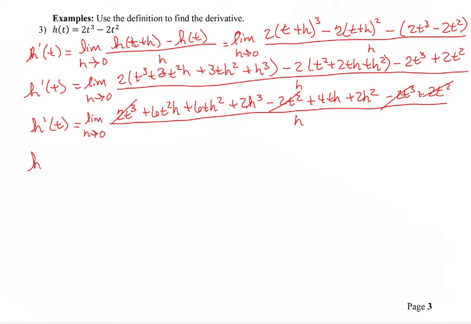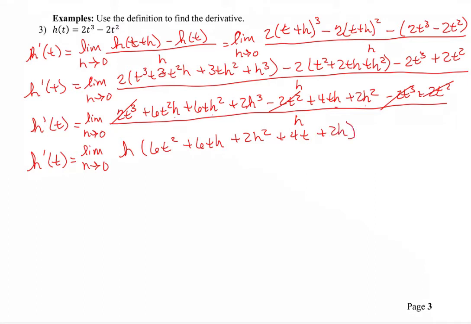So now I'm going to factor out an h as I write the next line. So I have an h everywhere that is left. So I'm left with h times (6t squared plus 6th plus 2h squared plus 4t plus 2h) all over h. So this h and the h I factored out cancel.